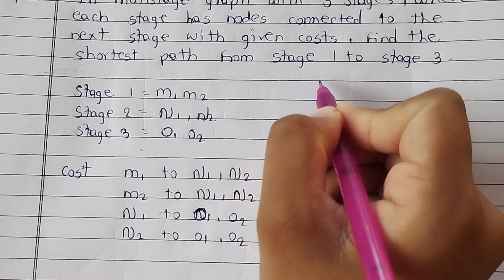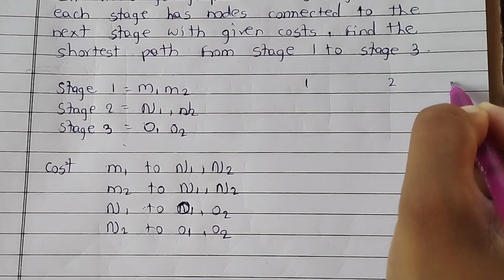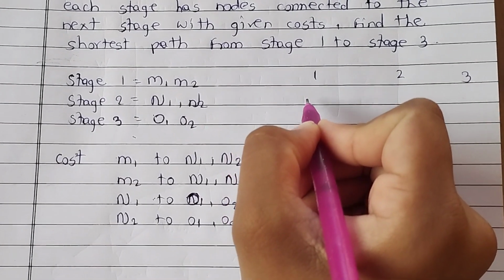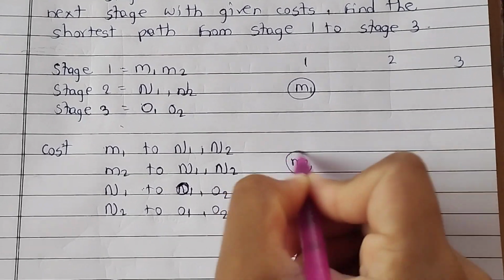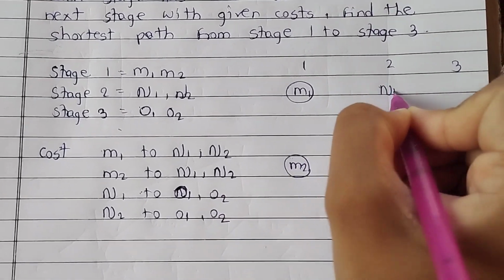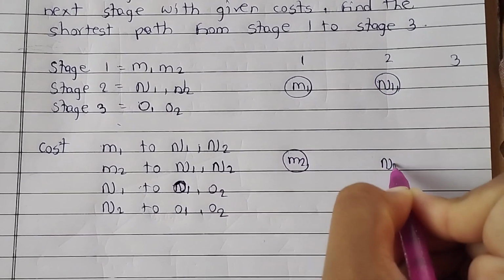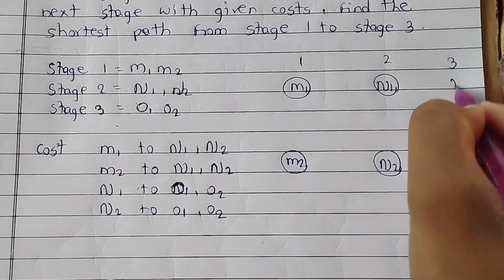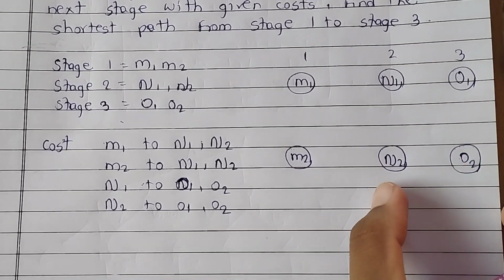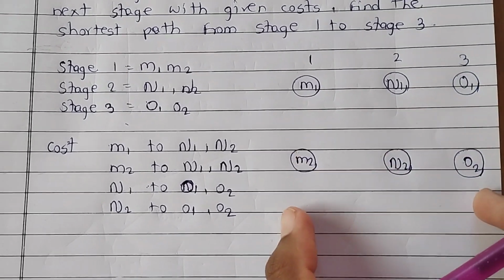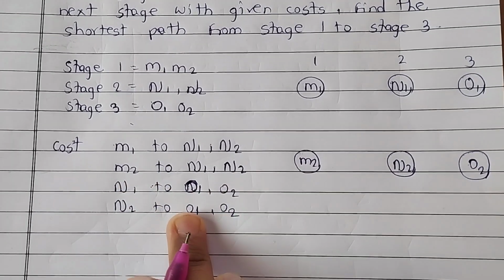First we draw stage 1, 2 and 3. So nodes are M1, M2, N1, N2, O1, O2. So these are the stages where the nodes are present. Now here the transitions are seen.